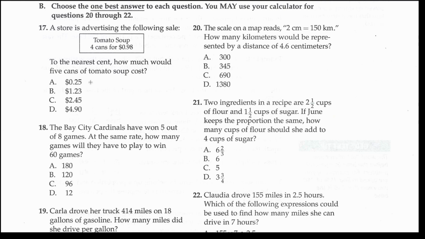Okay, let's reset up the problem here. So 4 is referring to cans. And the money is referring to the amount, cost, equals. Okay, now draw a line.